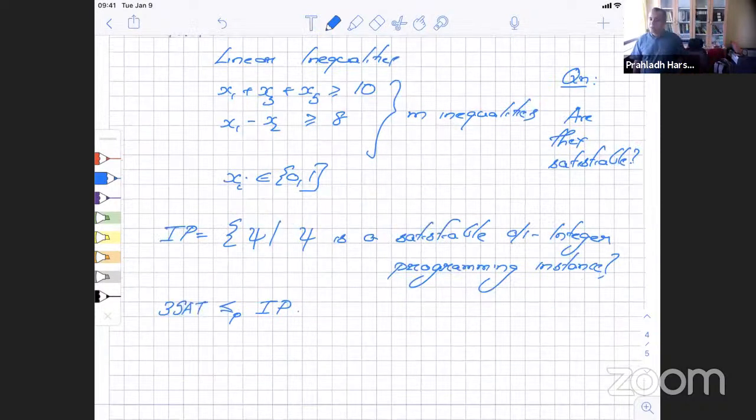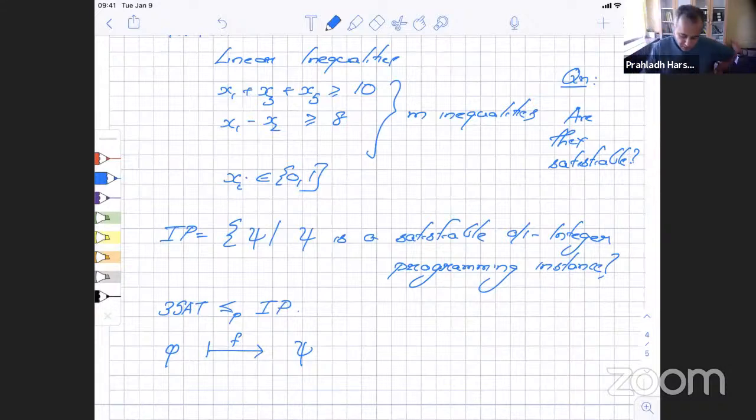Why is that? So basically, I give you a phi. You need to give me a polynomial time reduction that maps it to a psi, an instance of this form. How would you do it? For every clause in phi, you can make an inequality.